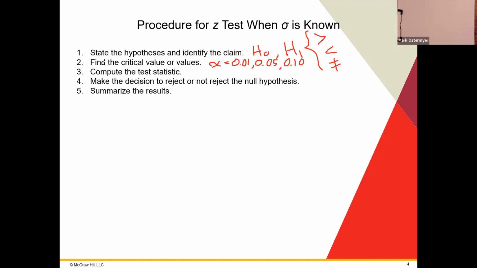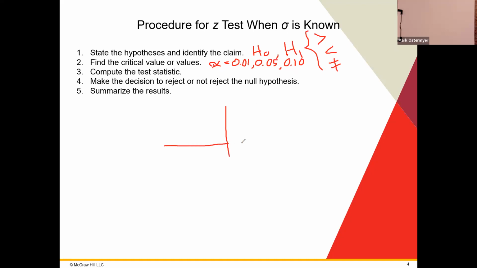We also, in step 2, compute our critical values, and the critical values depend upon your level of significance. Basically, your level of significance is going to determine the size of your rejection region or regions in the standard normal distribution.